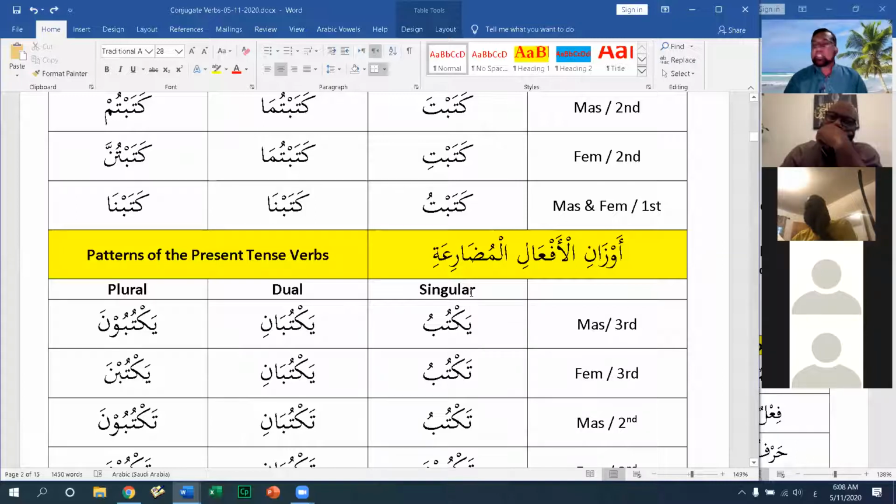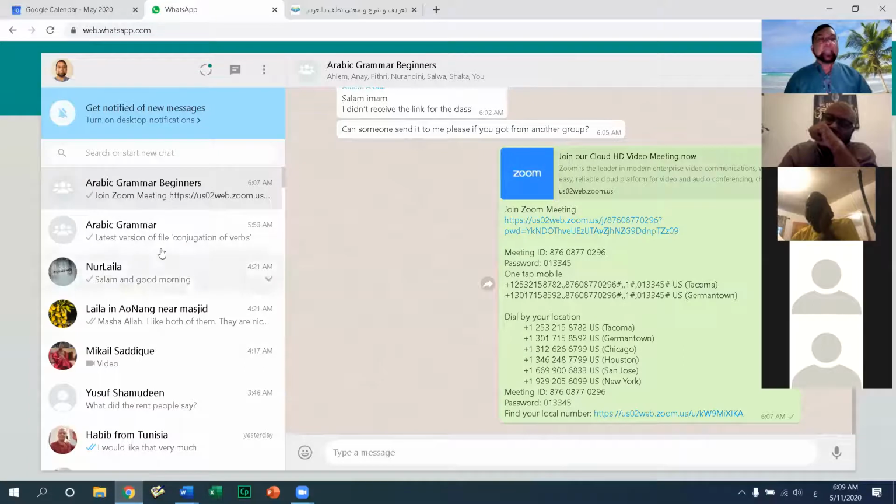Now there's this dictionary that I guided you to. I don't know if any of you had the opportunity to order that, but within that dictionary, it would show you that vowel. So when you get the dictionary, I will take you to that. Do you have an online copy of it? I have the paper copy.